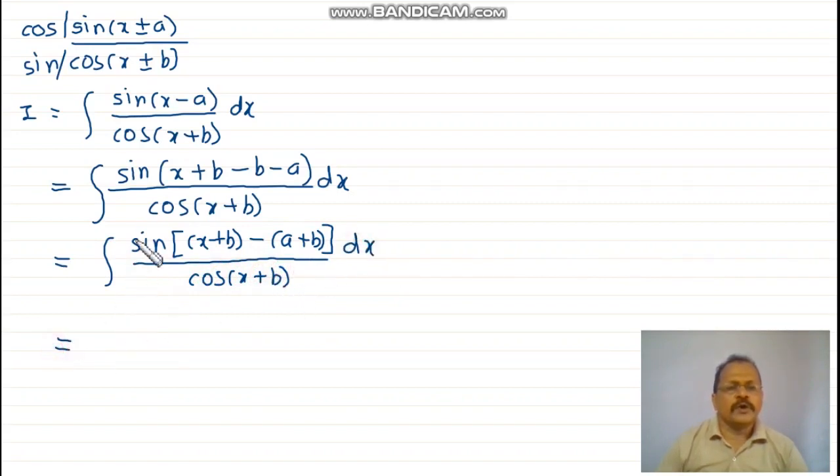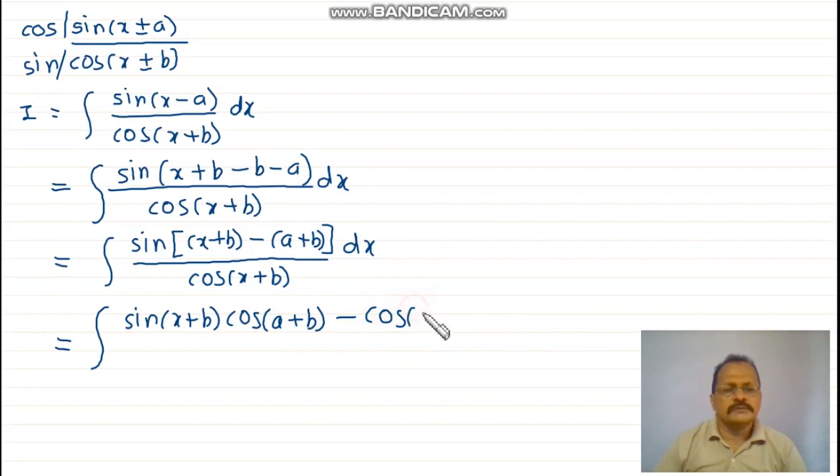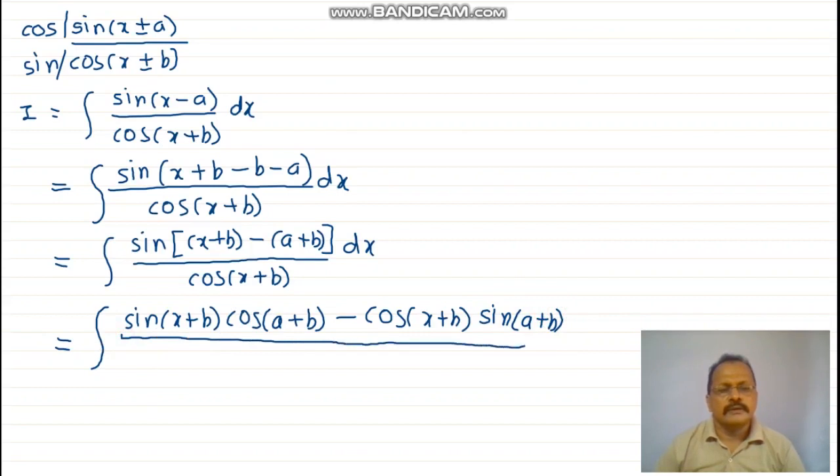Now use the formula of sin x minus y. Using that formula, sin x cos y minus cos x sin y, divided by cos of x plus b dx.